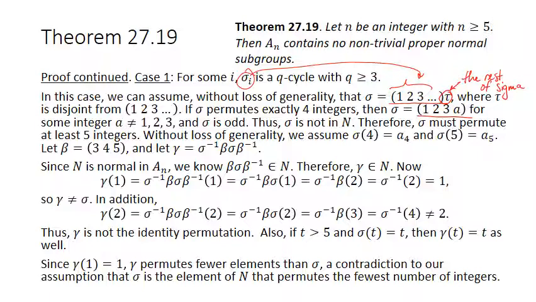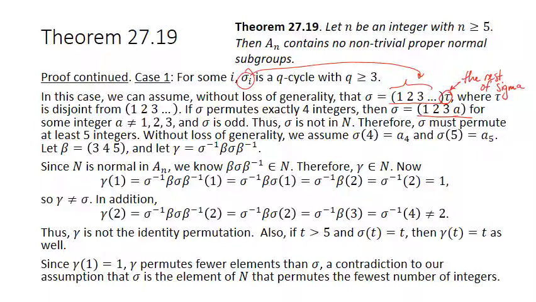So if it permutes exactly 4 integers, you can see from the way we've written sigma with that (1 2 3 ...) that every element in the (1 2 3 ...) will be permuted. So if it's permuting exactly 4 of them, then it must stop with the a there. It wouldn't be possible for it to be just (1 2 3) and then something else, since that other something else would have to permute at least 2 things.